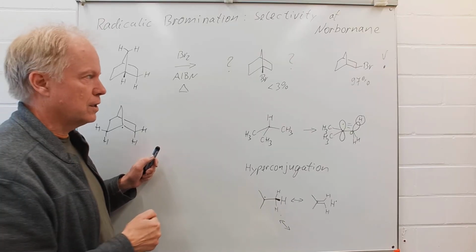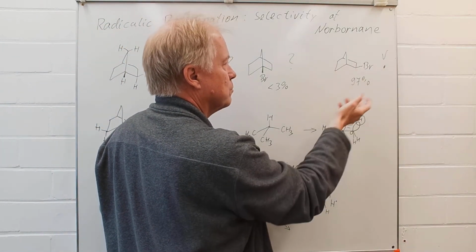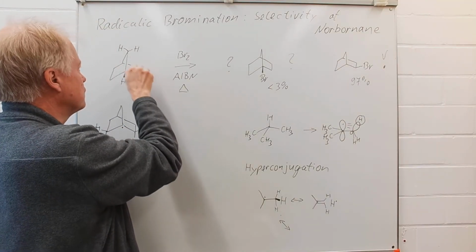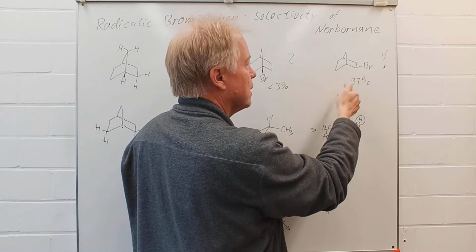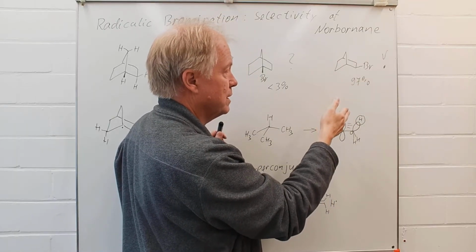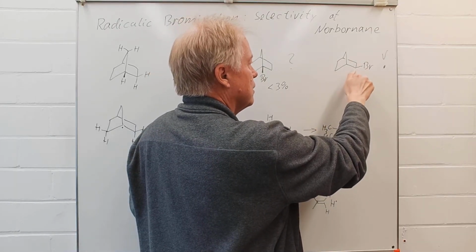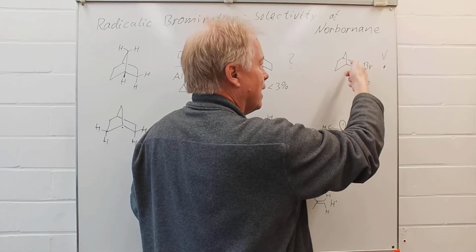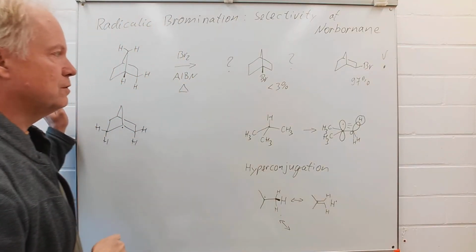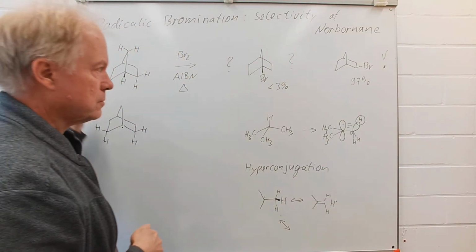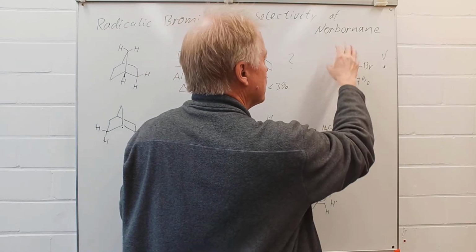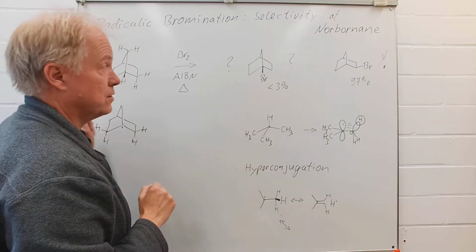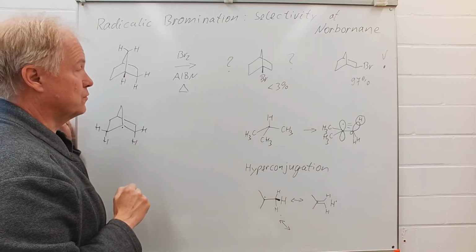The main product is that of a bromination at those CH2 groups here, the 4 CH2 groups there. 97% of a mixture of the bromide with the exo and the endo position we would obtain. It seems that almost nothing of a bromination at that CH group is formed.